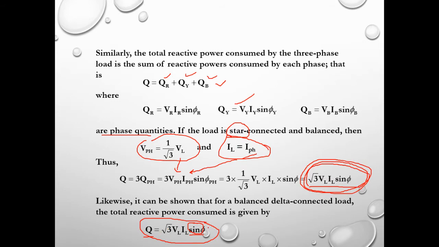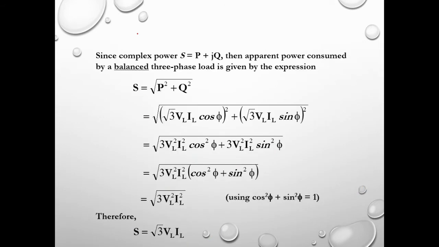And then since complex power S equal to P plus jQ, this is real power, and this is Q, reactive power. So then the apparent power consumed by a balanced three-phase load is given by the expression S equal to square root of P square plus Q square. Right?